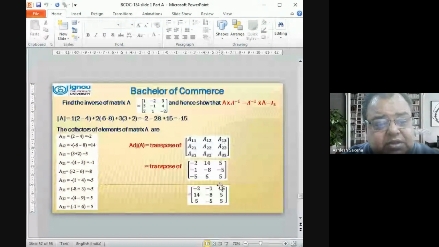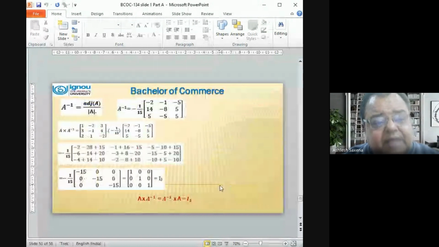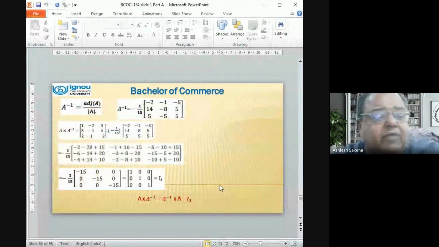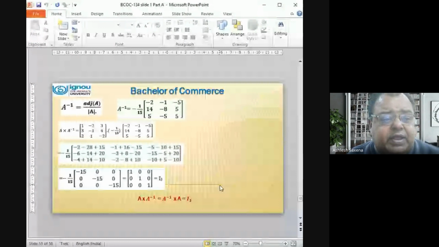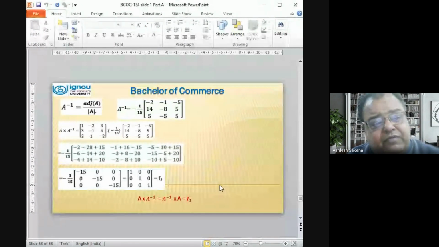Now we have the formula of inverse. A inverse is equal to adjoint of A divided by mod of A. We have this.